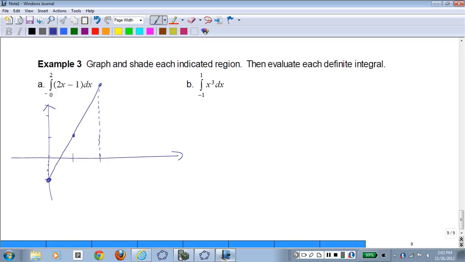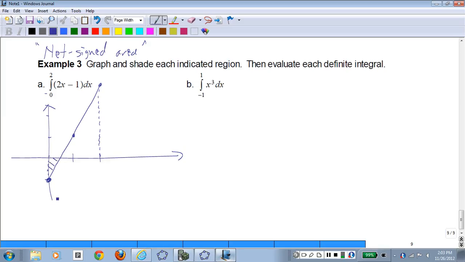If a portion of the graph is below the x-axis, that area counts as negative. So what we're not calculating is the total area bounded by the curve and the x-axis. What we're calculating is the net signed area.